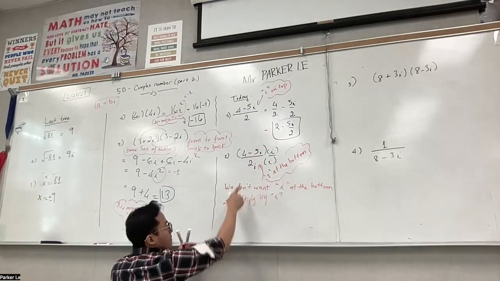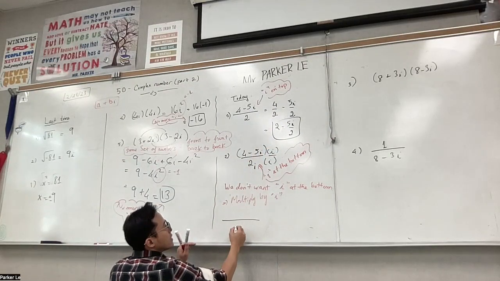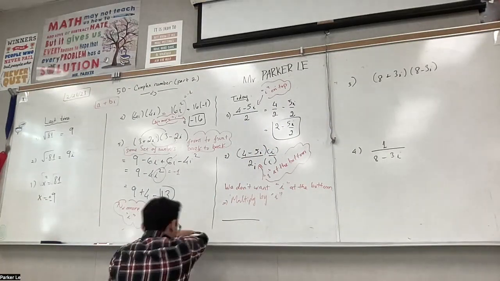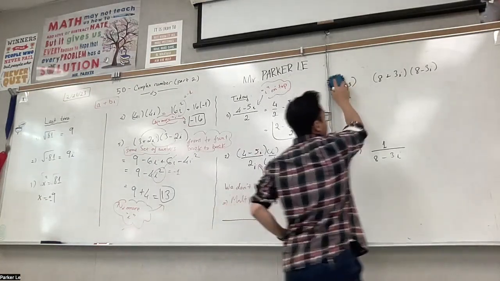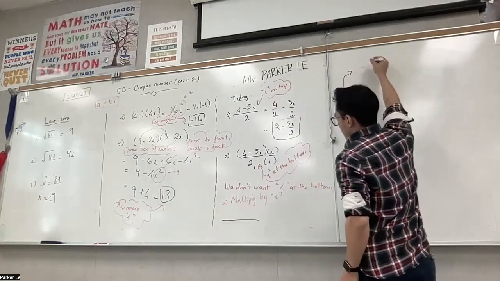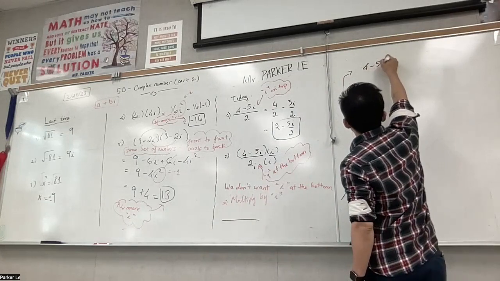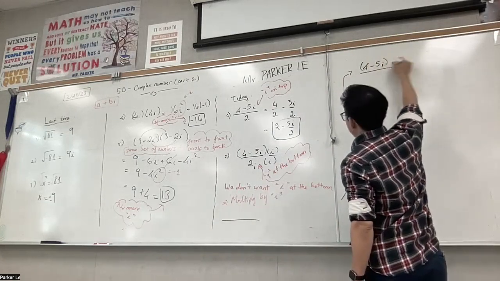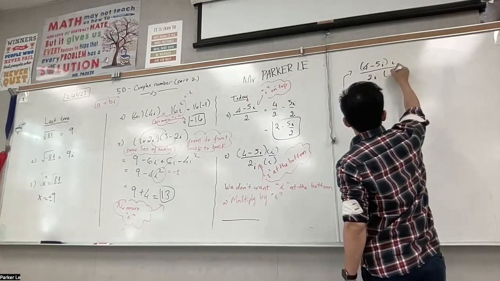Okay, what happened to the bottom? What do we have? 2i squared. Let's move it here so you can see it. So we have (4 minus 5i) times i over 2i times i.